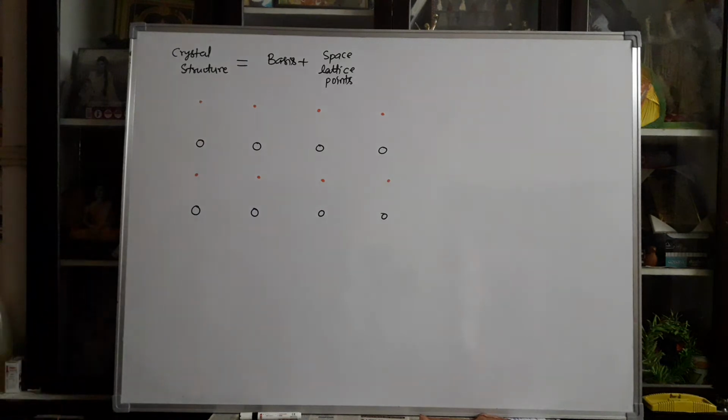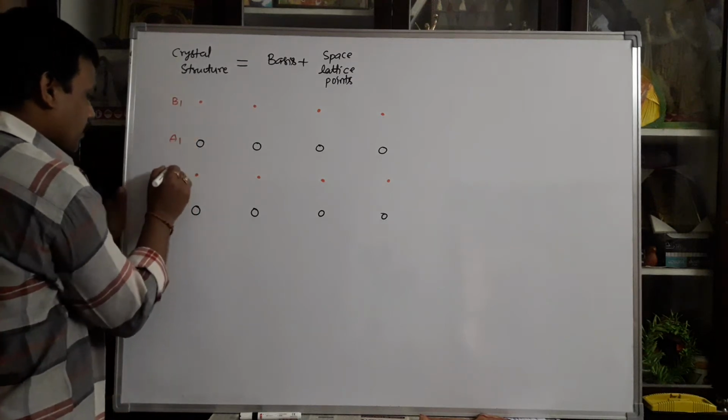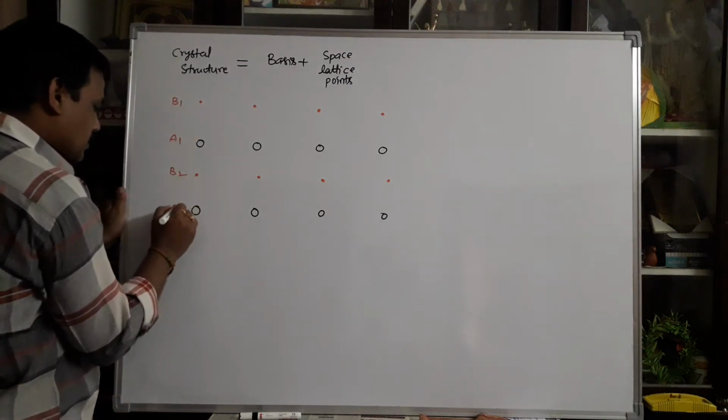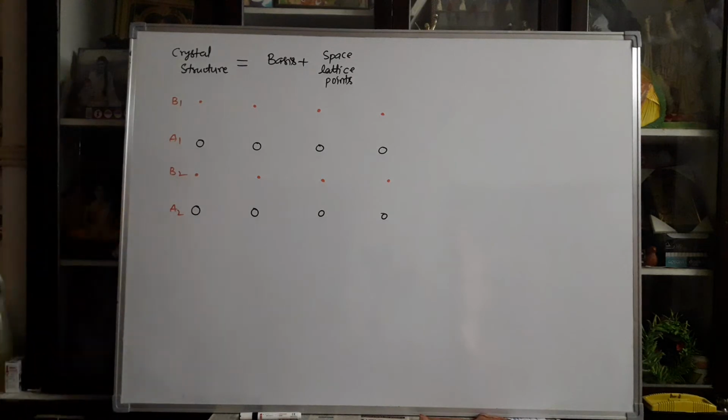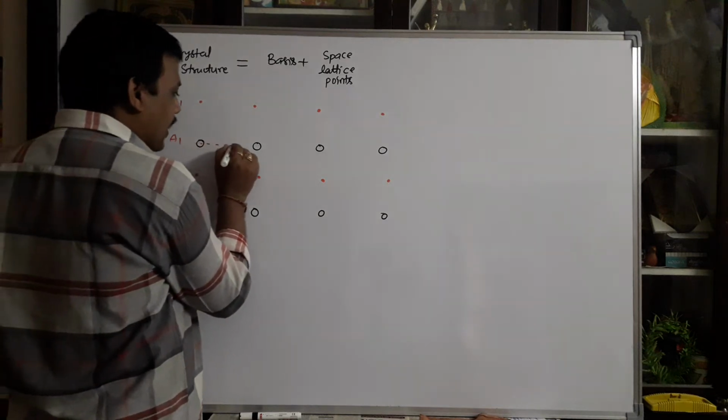That is the crystal structure. This is represented by B1, this is A1, this is B2, this is A2. So A1, A2 are nothing but lattice planes.